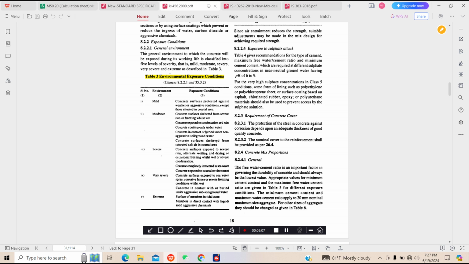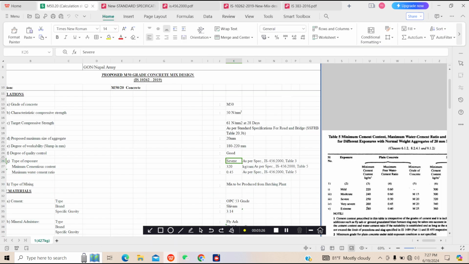Here is the concrete surface exposed to severe rain, alternate wetting and drying, or occasional freezing whilst wet or severe condensation. So the environmental condition we are adopting here is severe.